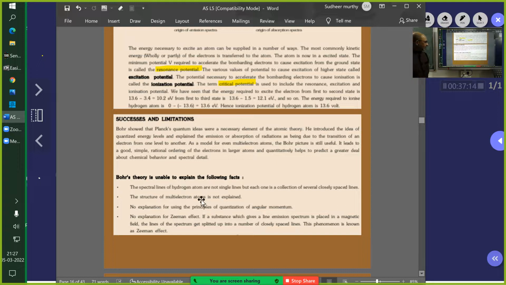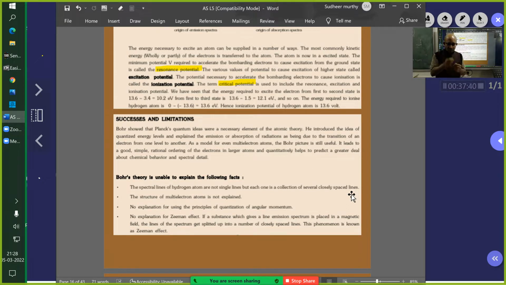Now coming to the limitations. The Bohr theory is unable to explain the following facts. The spectral lines of the hydrogen atom are not single lines, but a collection of several closely spaced lines. So supposing you see a thread, you will see only a thread.